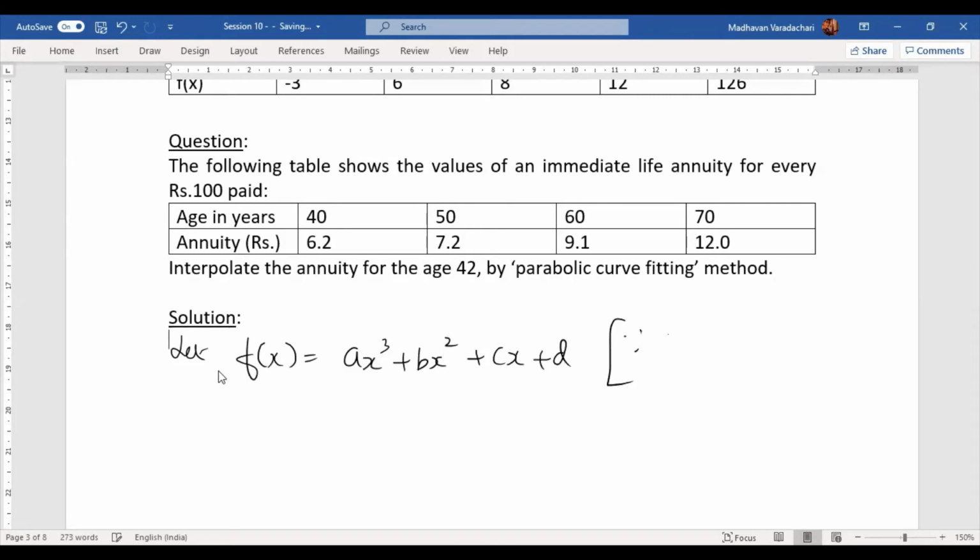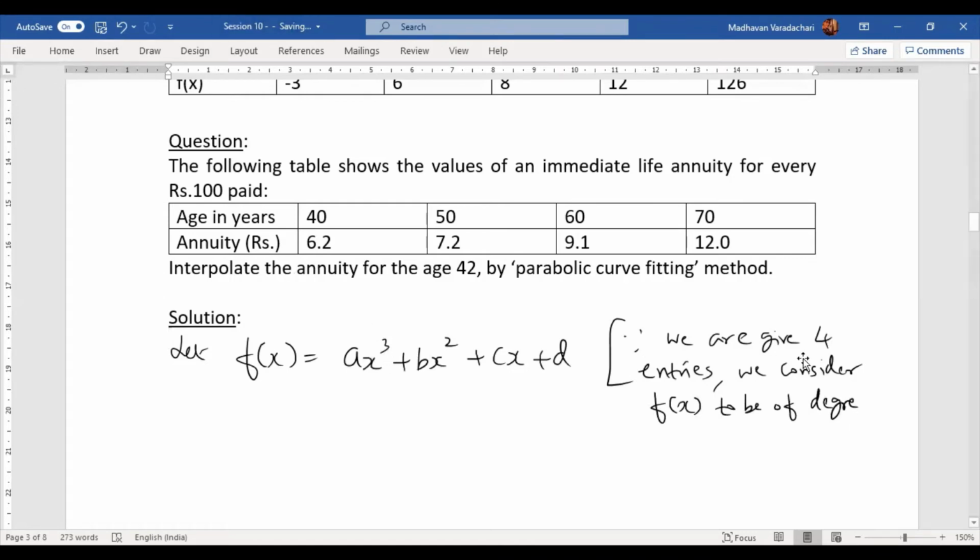Since we are given 4 entries, we consider f of x to be of degree 3. Degree 3 means the highest power is 3. Right.